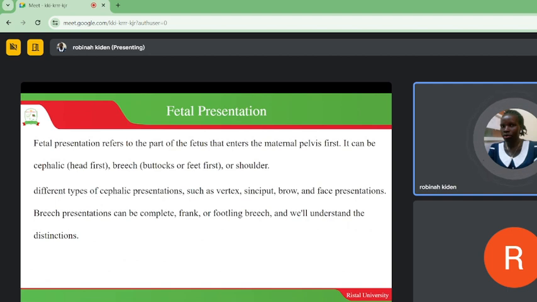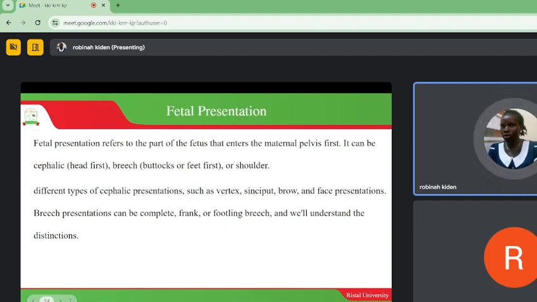There are different types of cephalic presentations, such as vertex, sinciput, brow, and face presentations. Then we have the breech presentations, which can either be complete breech, frank breech, or footling breech, and we'll understand this more as we continue.